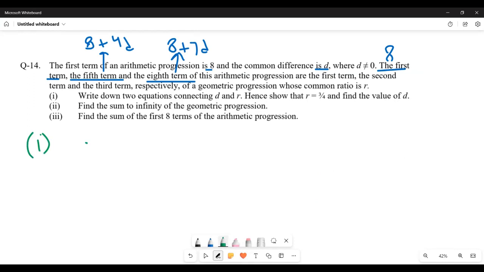The GP's first term is 8, the second term is 8 plus 4D, and the third term is 8 plus 7D. Write down two equations connecting D and R. How will two equations connecting D and R come? D we can see: 8 plus 4D has a D, 8 plus 7D has a D. Where is R here?